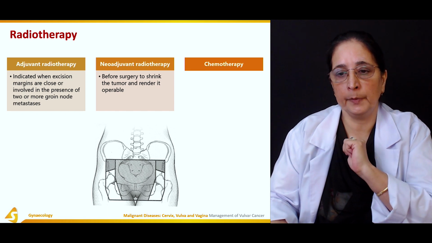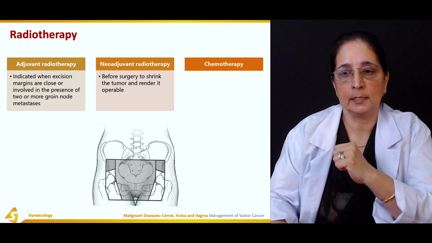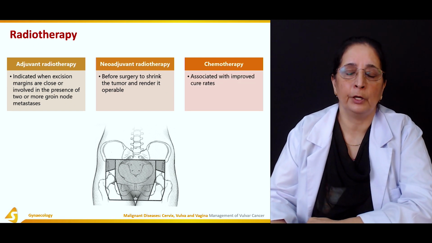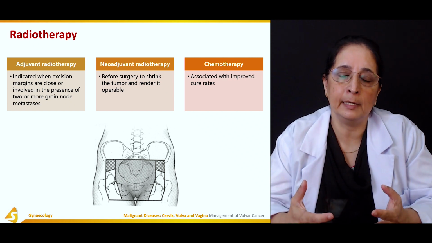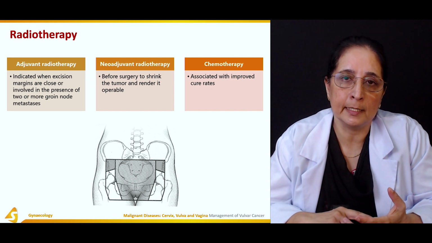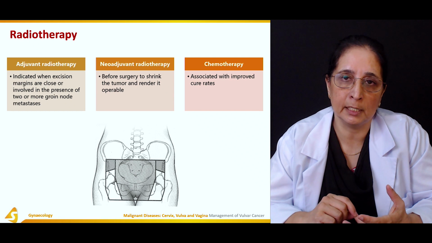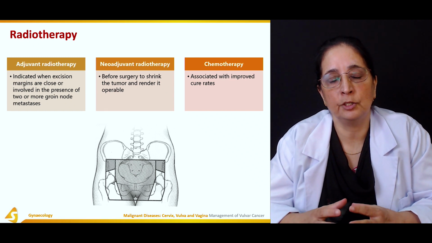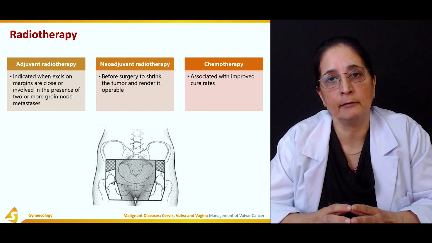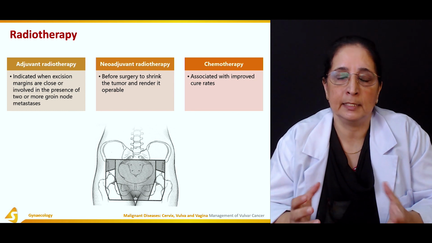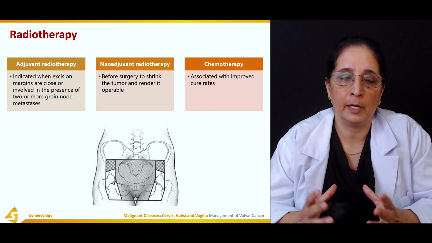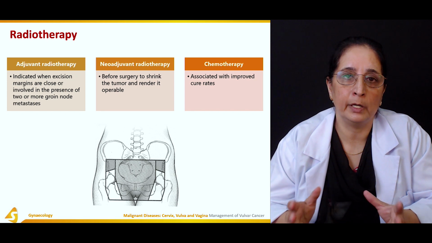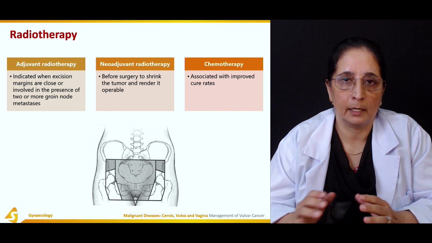Then chemotherapy is also used as a treatment option associated with improved cure rate. So as with any malignancy, vulval malignancy is treated by surgery, and depending on whether it is less invasive or more invasive, usually the vulva is removed along with the lymph nodes in the inguinal region or groin region.